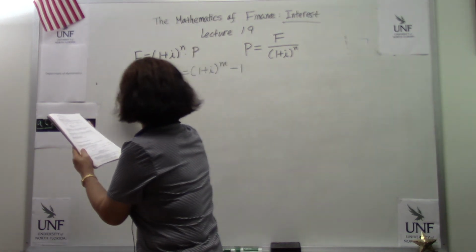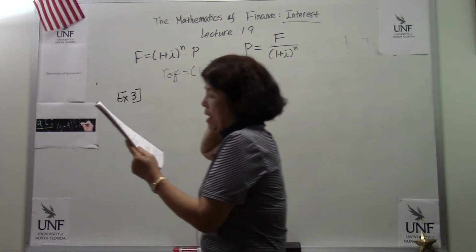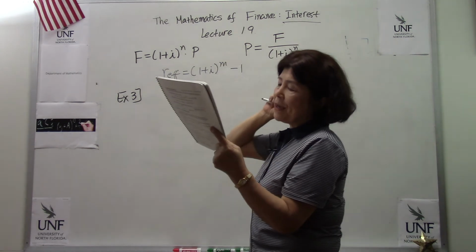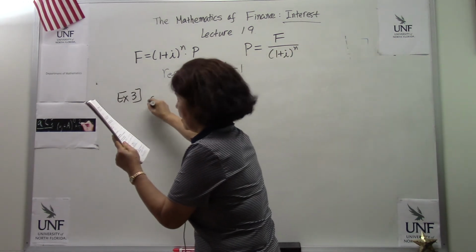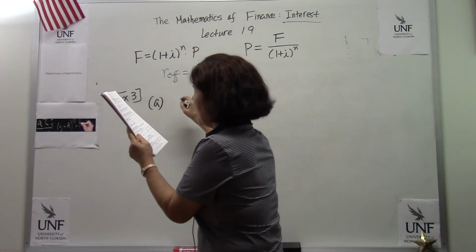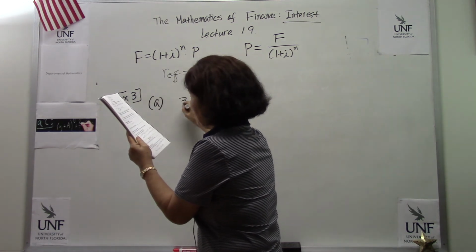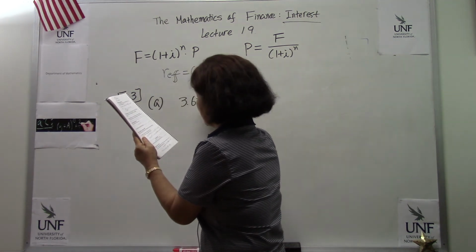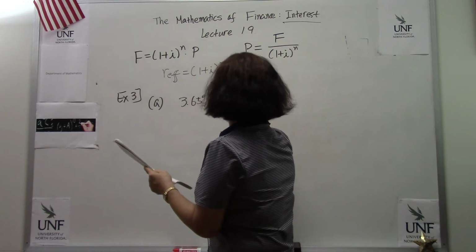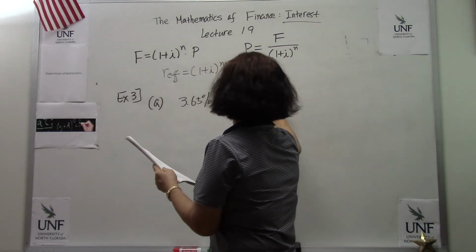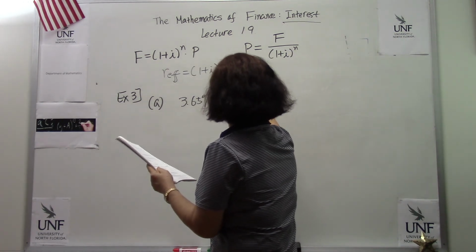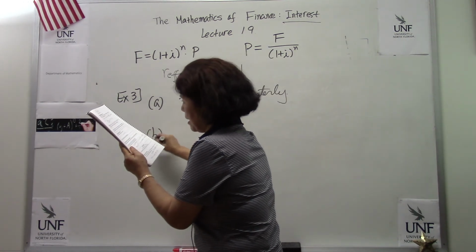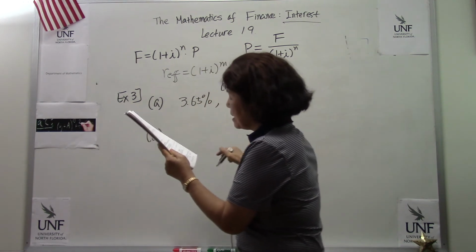Example 3. Calculate and compare the effective rate of interest for savings accounts paying: option A is a nominal rate of 3.65% compounded quarterly. Option B is a nominal rate of 3.6% compounded monthly.